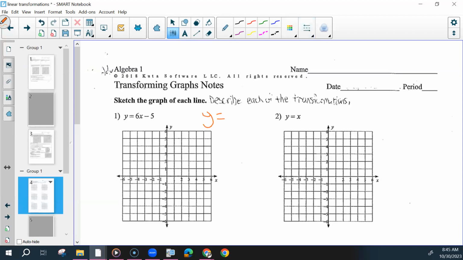Remember that the original is y equals x. So it's gonna start at the origin and go up one, right one, as many times as possible. And down one, left one, as many times as possible.